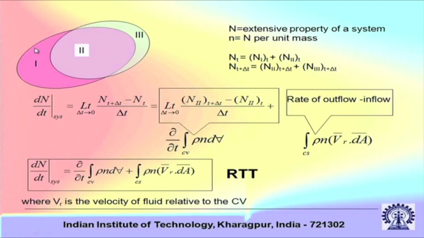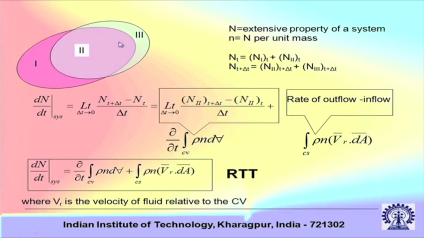This pink colored region, the total contour, is the system at time t. So the system at time t is region 1 plus region 2, together the pink colored region is the system at time t.